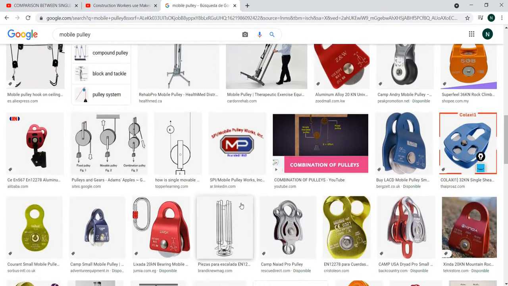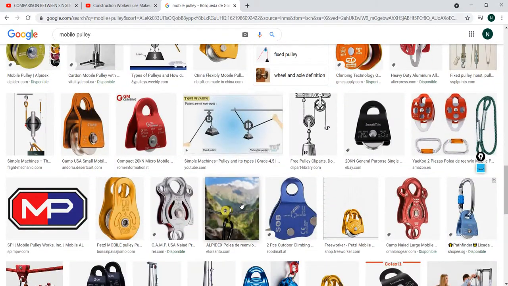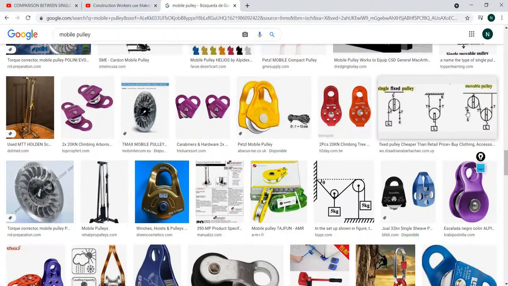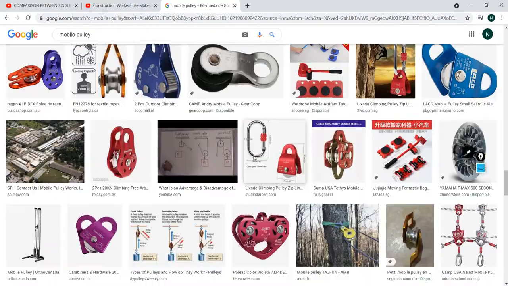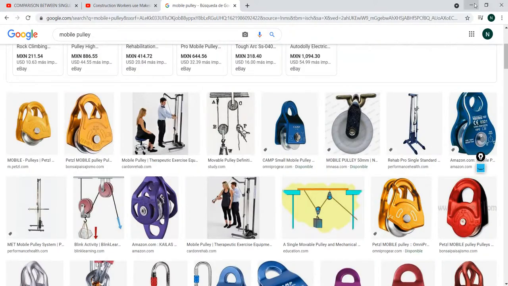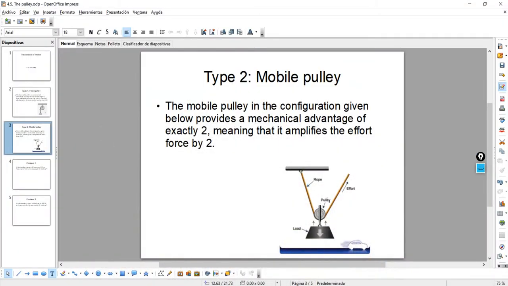There are many types of mobile pulleys. But when I say mobile pulley, I'm exactly referring to the one I showed you, this type, which has a mechanical advantage of 2. Other configurations of pulleys may have a greater advantage, but we don't look at those things.